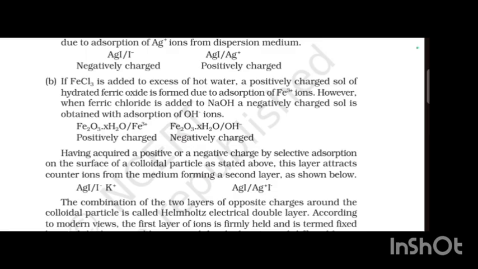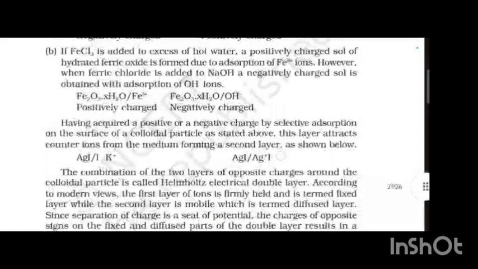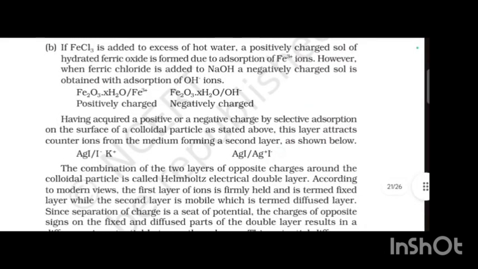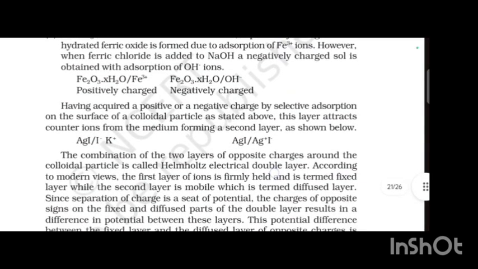AgI/I⁻, negatively charged. AgI/Ag⁺, positively charged. B. If FeCl3 is added to excess of hot water, a positively charged sol of hydrated ferric oxide is formed due to adsorption of Fe3+ ions.